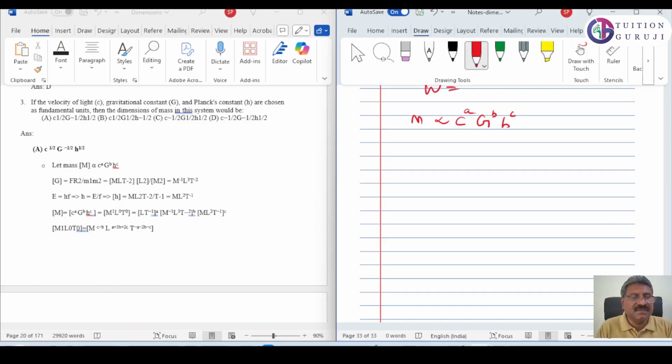If that is the case, let us find out the dimension of each of these quantities. Velocity we know, L T raised to minus 1.